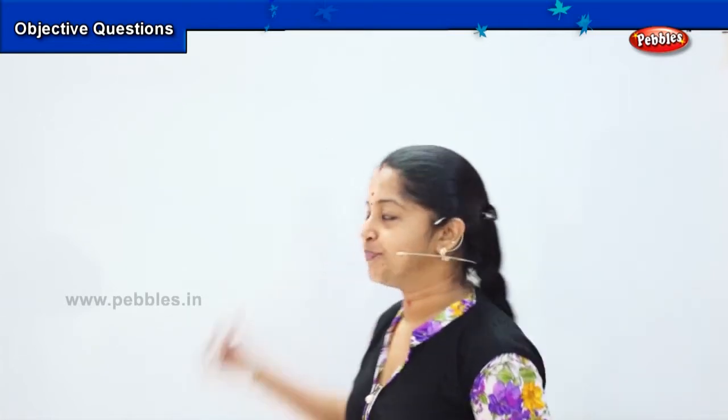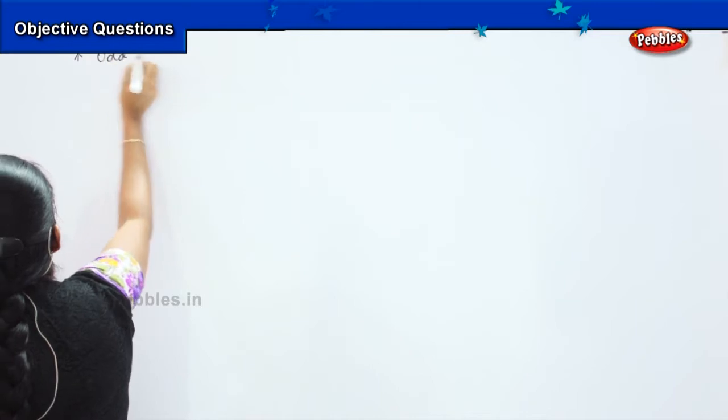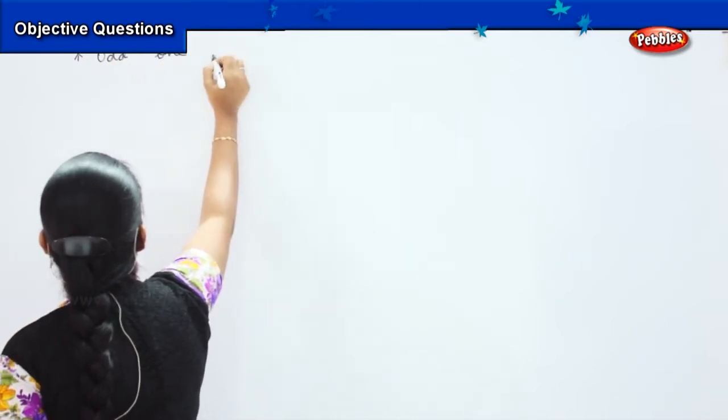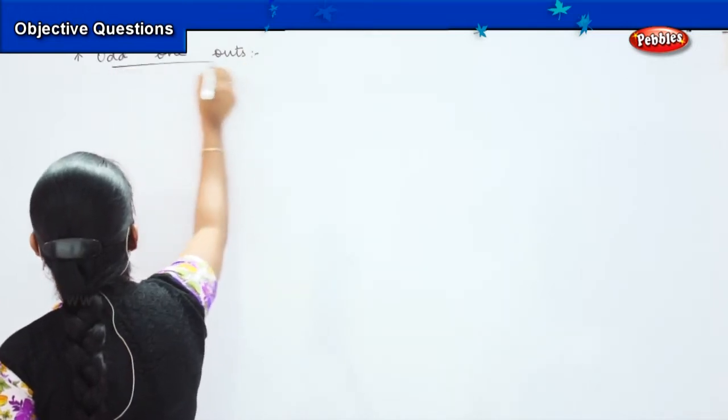Here we go. So the first sum is, you need to find out the odd one out. Okay?